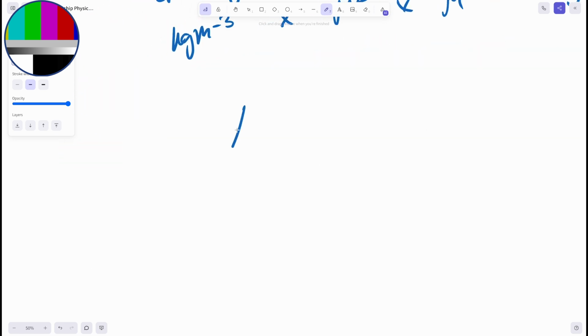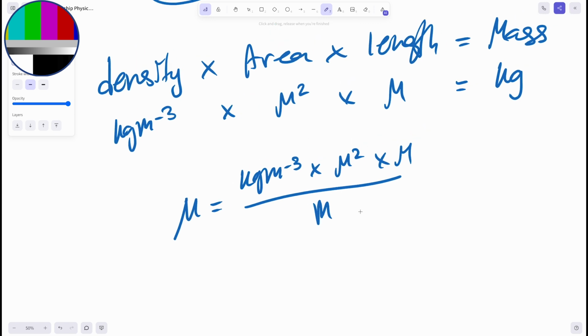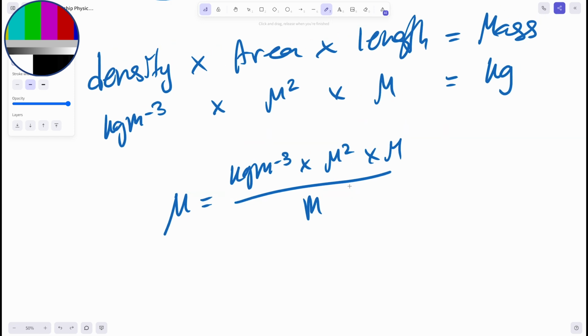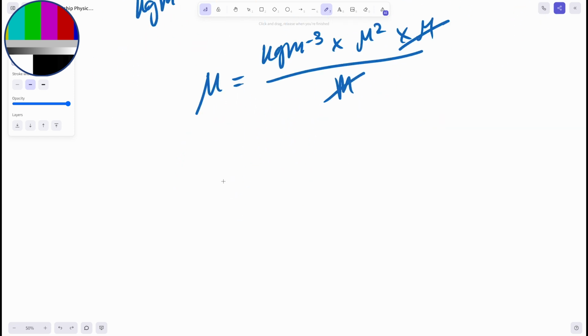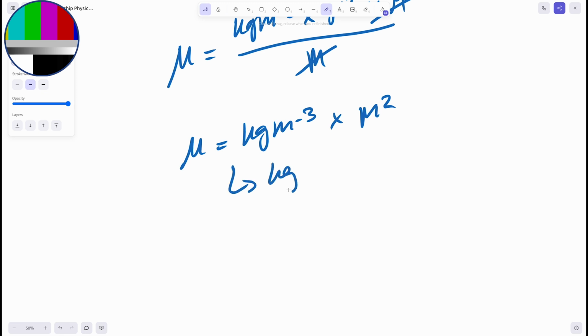And so as mu is mass per unit length, this is going to be our density times meters squared times meters, all over our length, right? So we know that this is kg per meter, and as you can see, this meter will cancel out with this meter, and so our mu is effectively just kg per meter cubed times our meters squared, and dimensionally this still equals kg per meter.